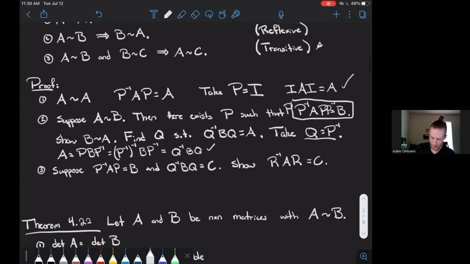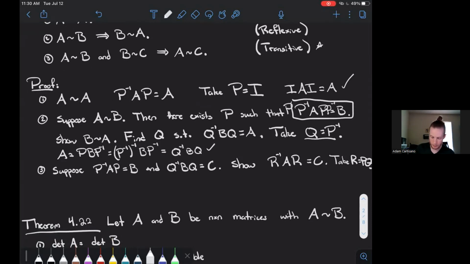Okay, take R equals, how are we going to do this? R is going to be P Q. Just got to make sure we get the order right. Take R equals PQ. Okay.